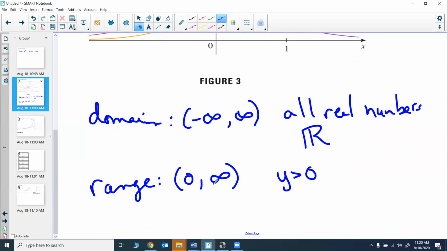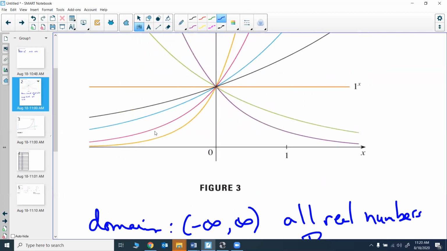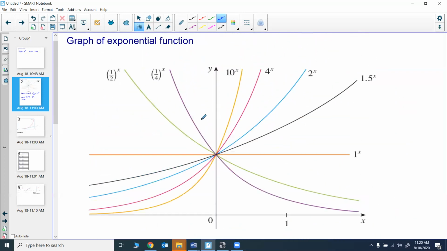A couple other things I want to point out about all these graphs are the intercepts. If you look at every single one of these graphs, none of these have shifts, none of these have reflections. They're all just basic graphs, 10 to the x, 1/2 to the x, 1/4 to the x, and so forth.